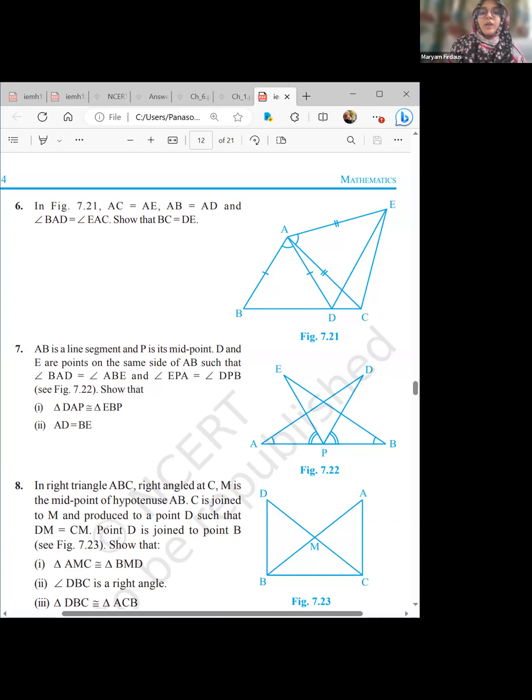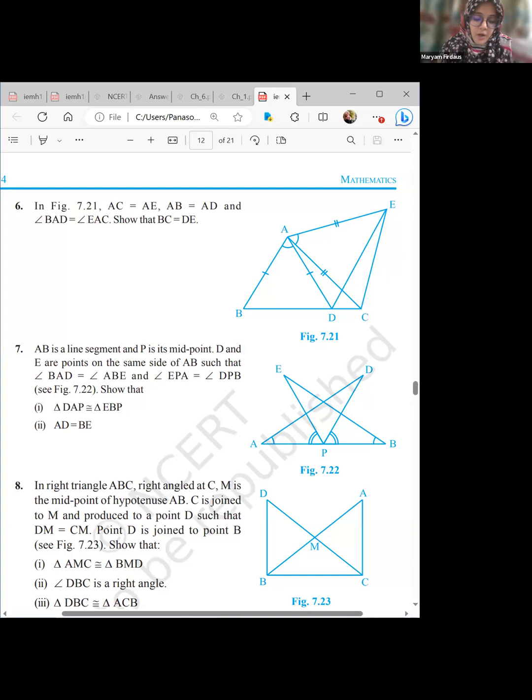Now, you all run your brain juices and tell me, how do we show the first one? How do we show that triangle DAP, which is this one, is congruent to triangle EBP, this one?